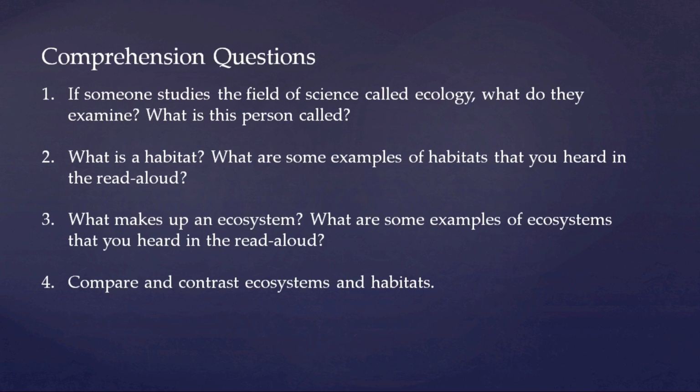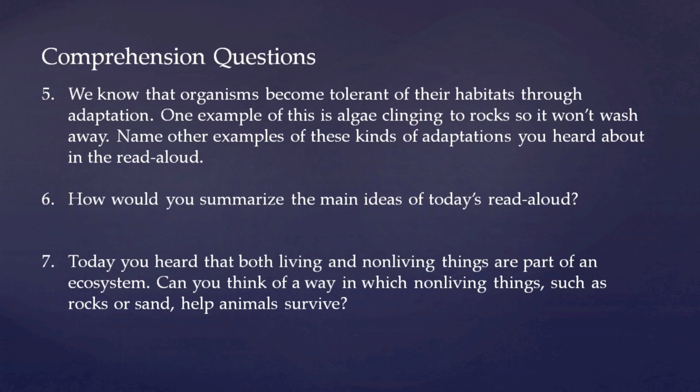5. We know that organisms become tolerant of their habitats through adaptation. One example of this is algae clinging to rocks so it won't wash away. Name other examples of these kinds of adaptations you heard about in the read aloud.